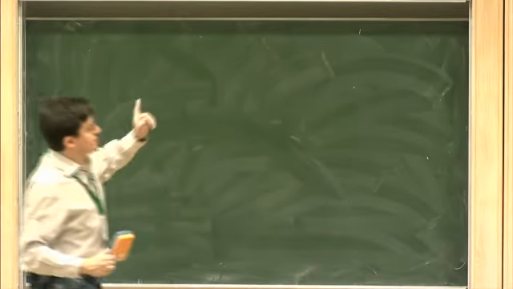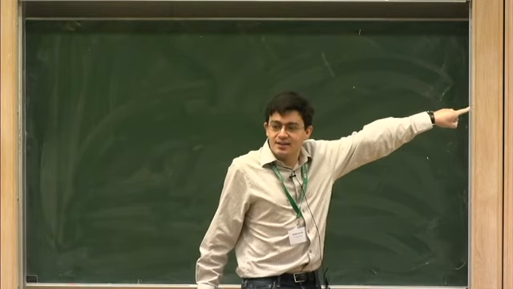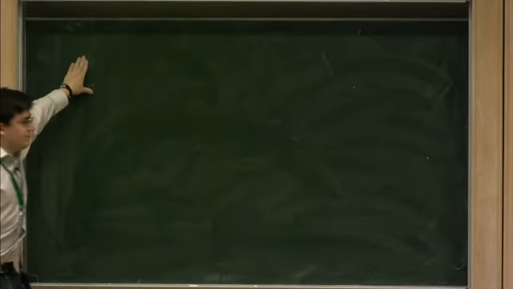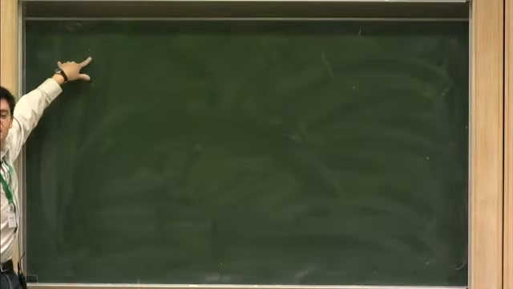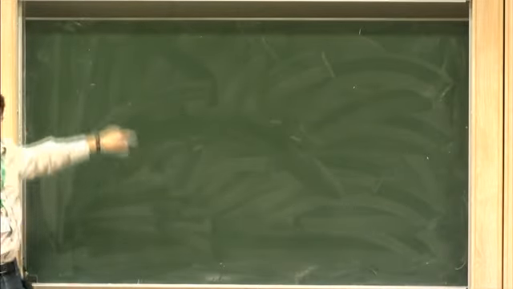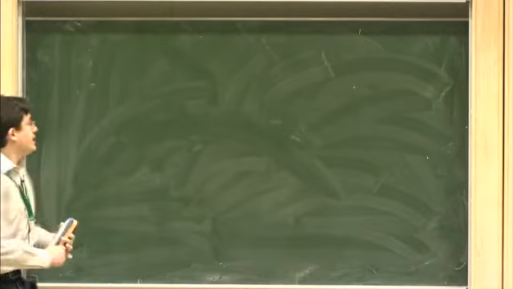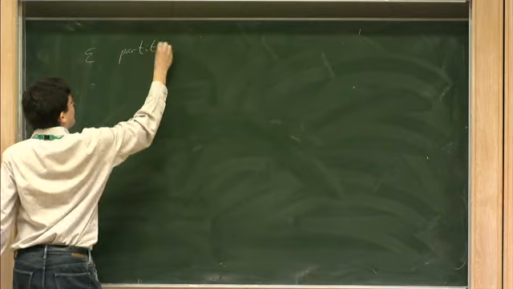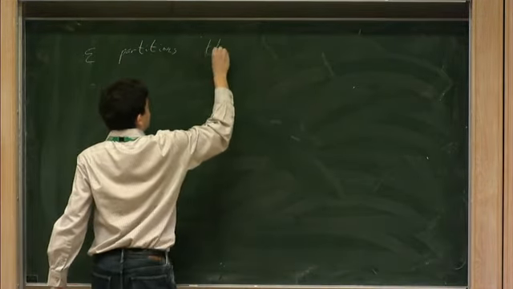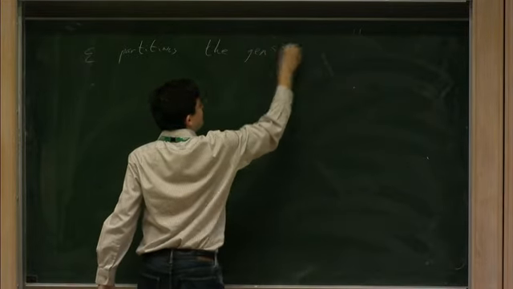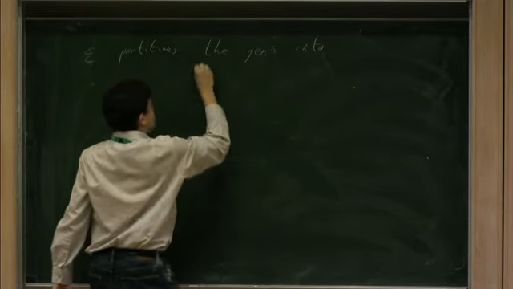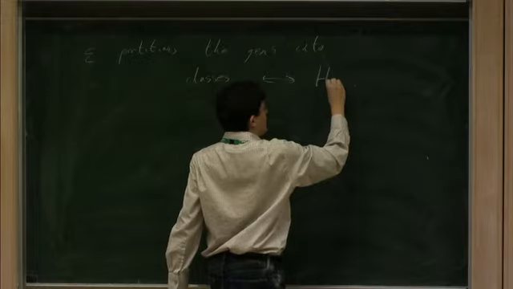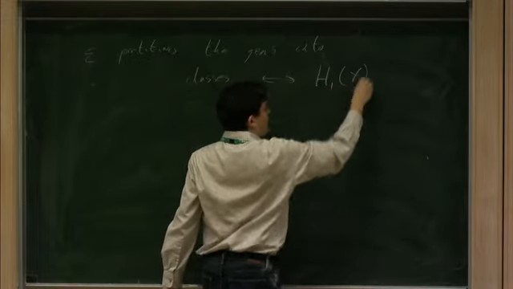So I had this function epsilon on the pairs of generators. Now what that does is that it partitions the generators into classes which are in one-to-one correspondence, as we said, with H1 of Y.